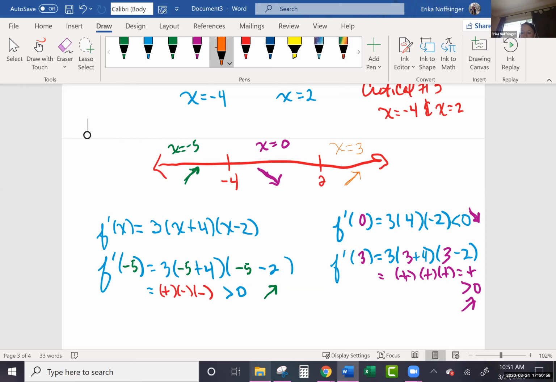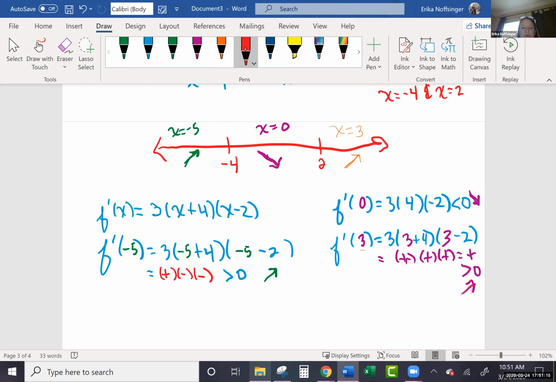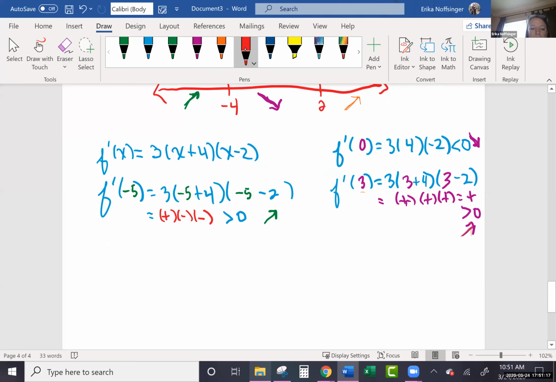And so just based off of that, I can tell what type of point I have at x equals -4 and what type of point at x equals 2. At x equals -4, this was increasing and then it went to decreasing.